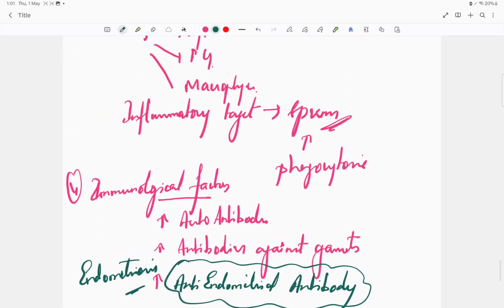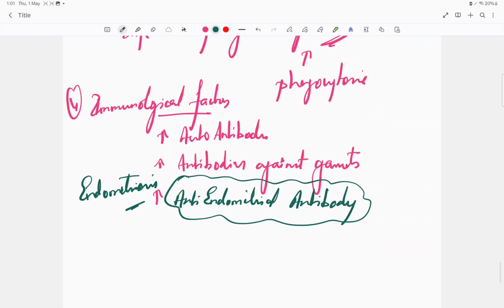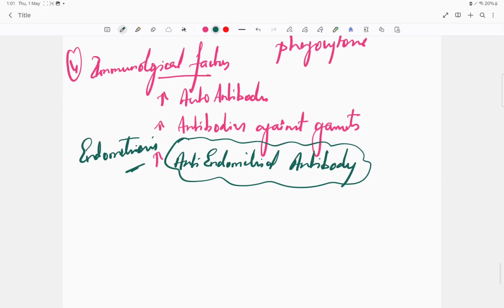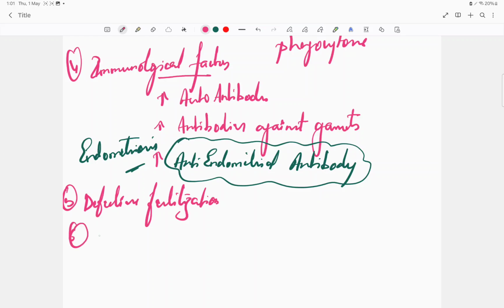And because of this, what happens? The entire uterine cavity, tubes, ovaries, everything is distorted. Now the endometrium is not having a proper cushioning effect to receive the fertilized ovum. So because of this, there will be defective fertilization. And the sixth one is they'll have implantation failure.